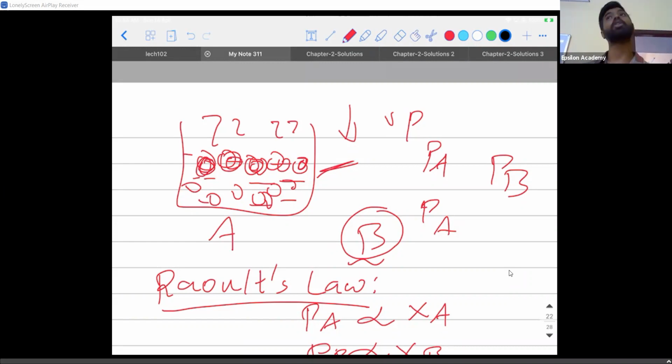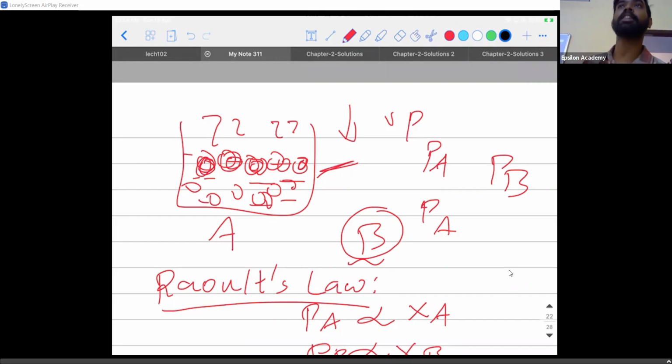Now, if I have a pure liquid, only that liquid is there, no problem. But when I add some other liquid or some other solid, what happens? I have a pure liquid which has some vapor pressure. Say I add a solid to that. What will happen to the vapor pressure?